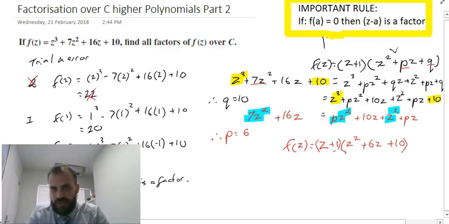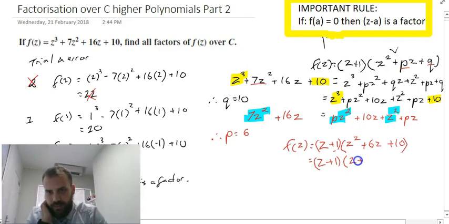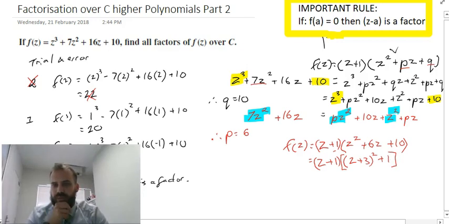Now we need to factorize this. I'm not going to go through the process, but you should be able to factorize it by completing the square. When you complete the square, you end up with z plus 3 squared plus 1. So z squared plus 6z plus 10 is the same as z plus 3 squared plus 1.